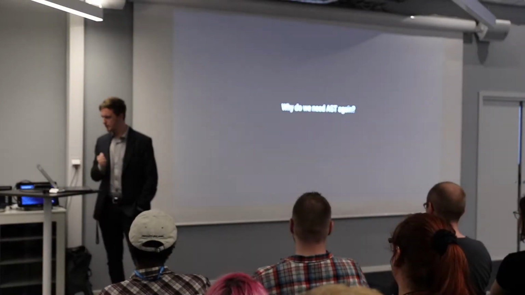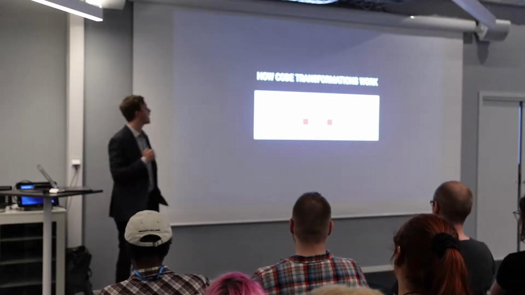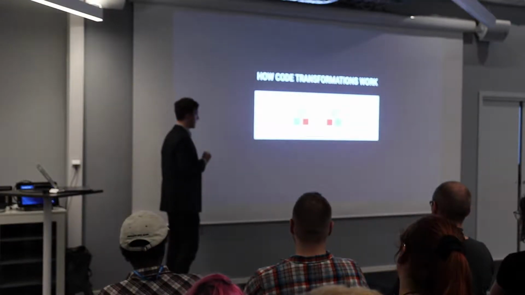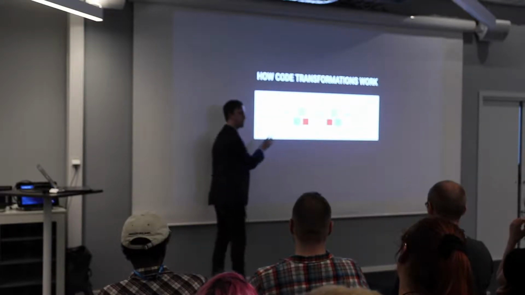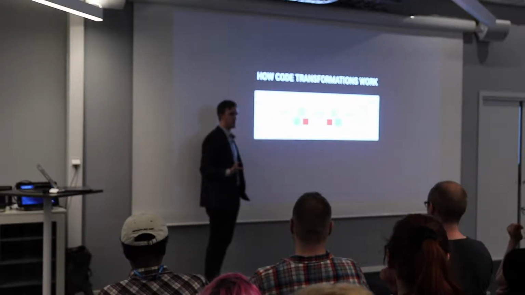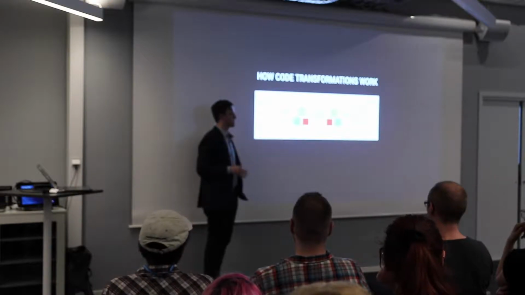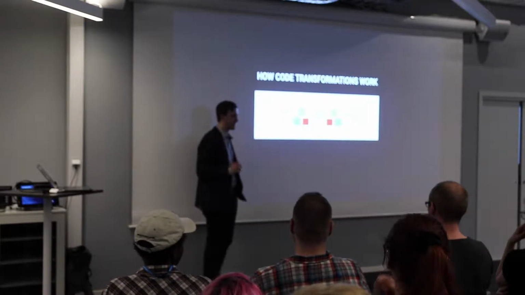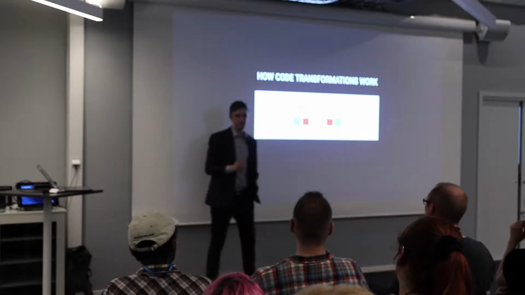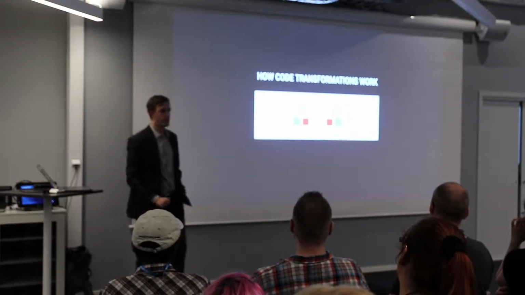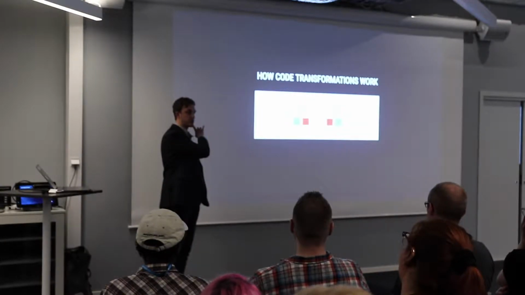So again, why do we need this AST? Let's look at how code transformation works. The naive approach would be: I have code, a bunch of text, and I'm going to just run a lot of regexp, replacing something with something, right? Go from here directly to here. The problem with this approach is you already have that structure that we talked about.